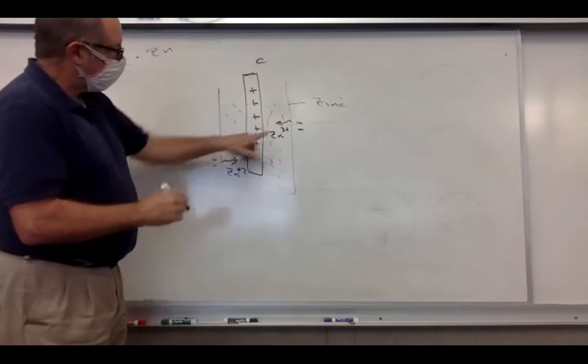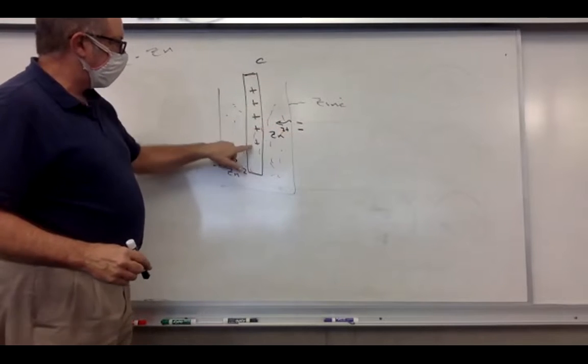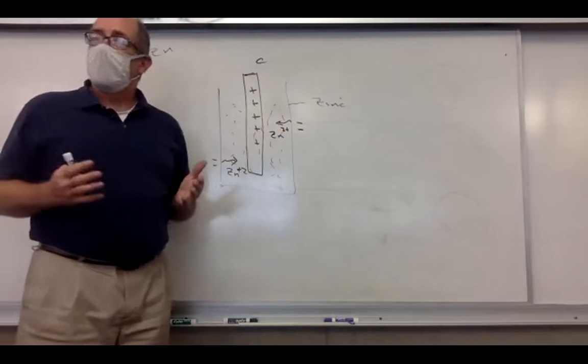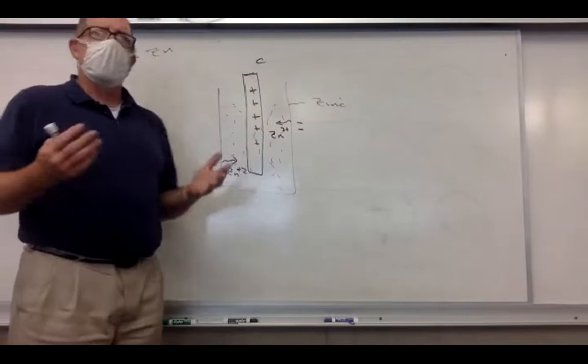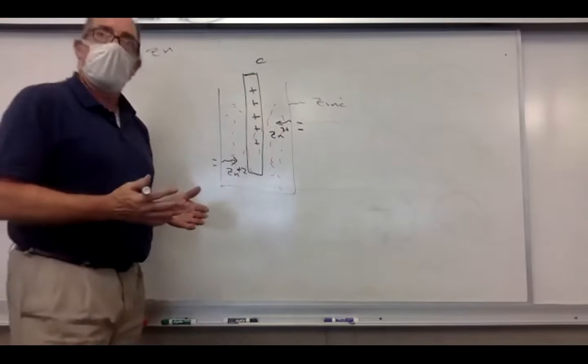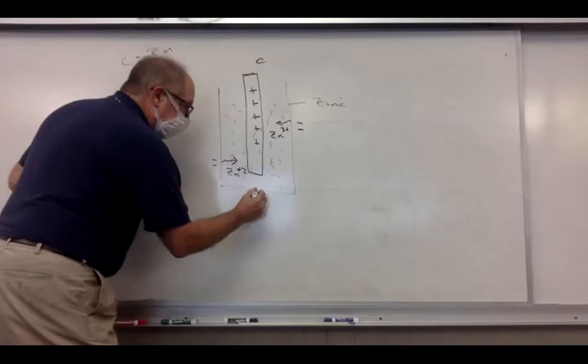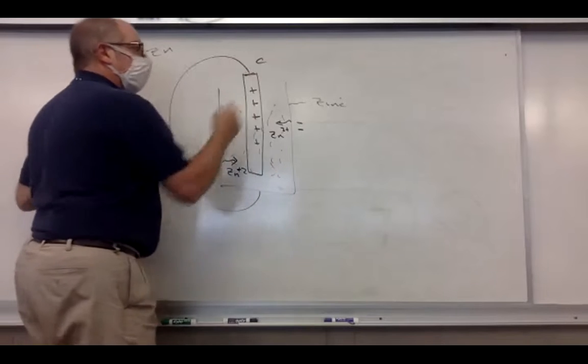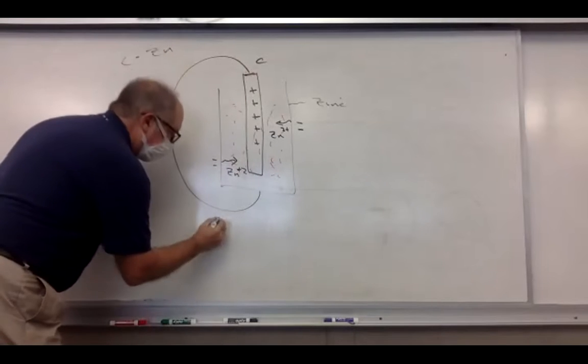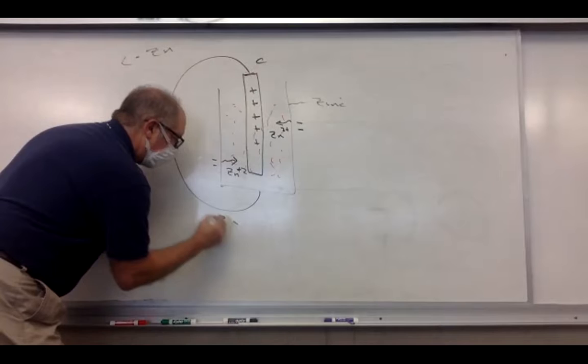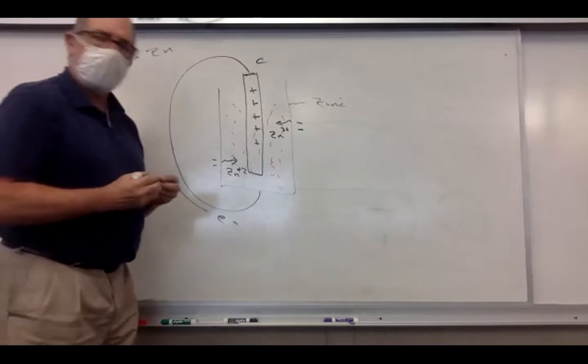Now these can't get to these because they're separated by a separator of some kind. It used to be cardboard, but I don't know what they use now, honestly. But if you connect it externally, then electrons can flow from negative to positive.